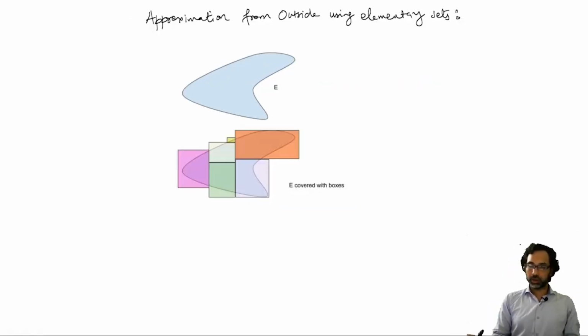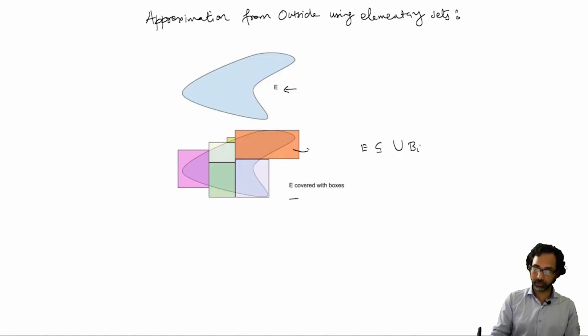Similarly, you can have an approximation of this set E using elementary sets which completely cover E. So here E is a subset of the union of these colored boxes Bi.